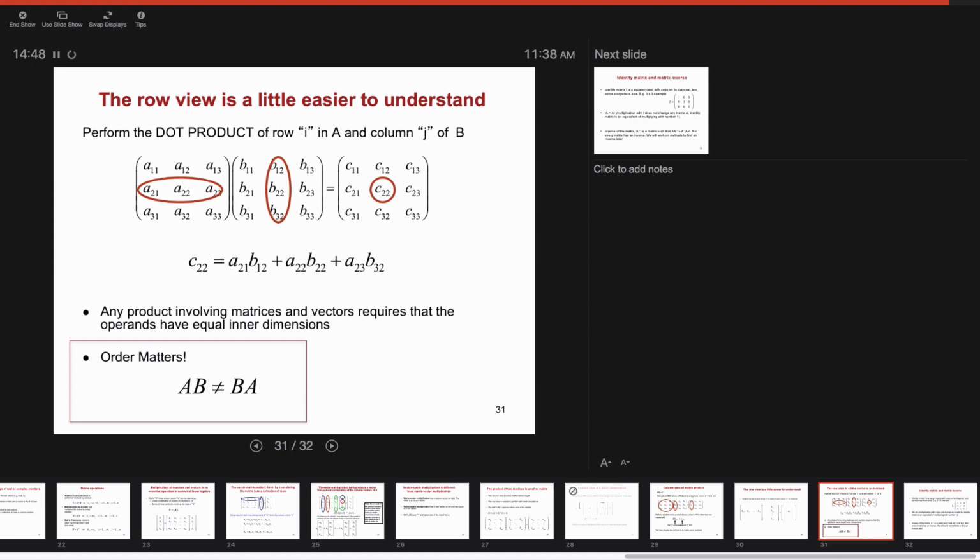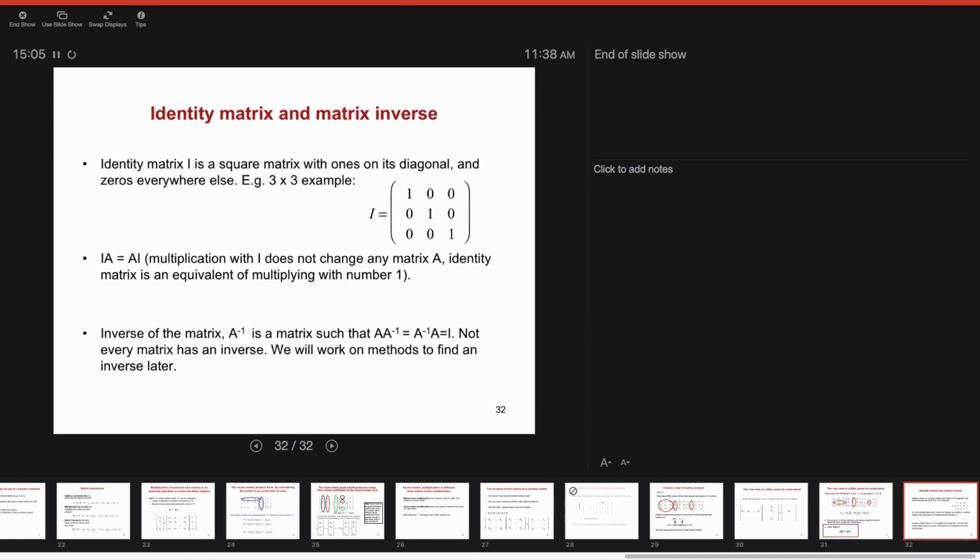Most often, it's not going to be even the same dimension if you have mismatching dimensions. And sometimes, you might not even be able to do the multiplication at all. So AB works, but BA you can't do. So that's something that is important to remember about matrices. So this is this special matrix I.